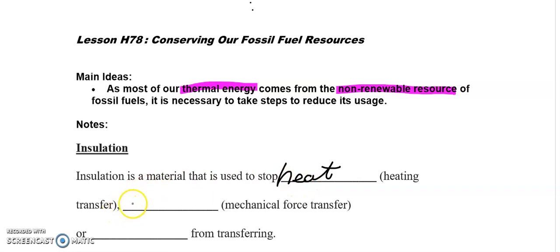Insulation can also reduce the amount of sound or the amount of electrical current that is being used.